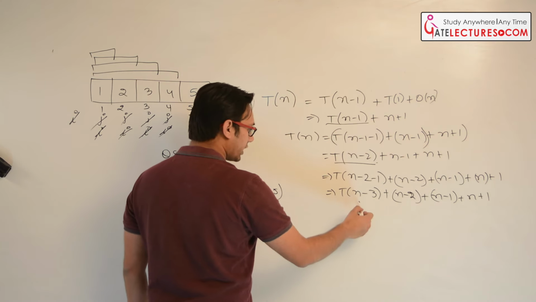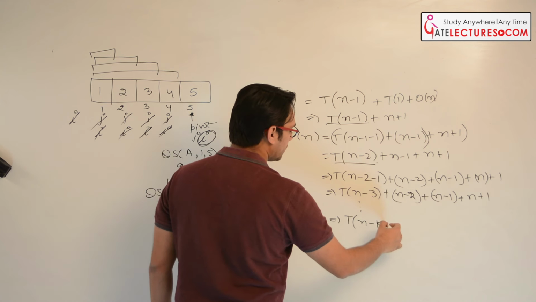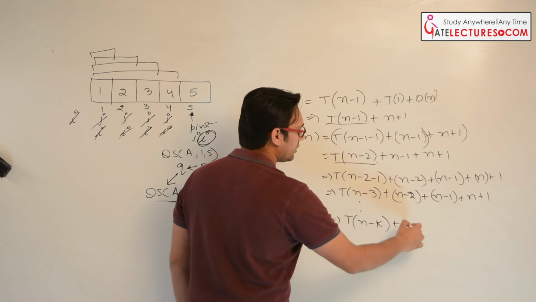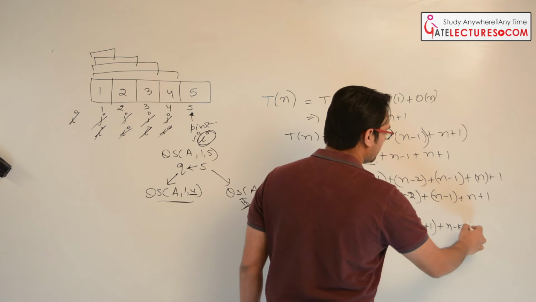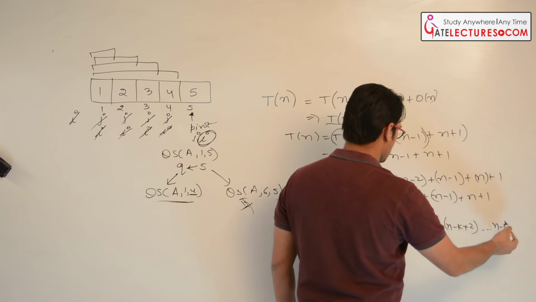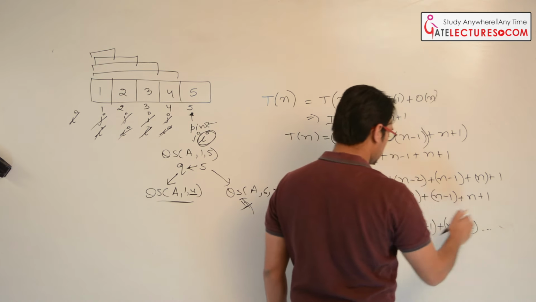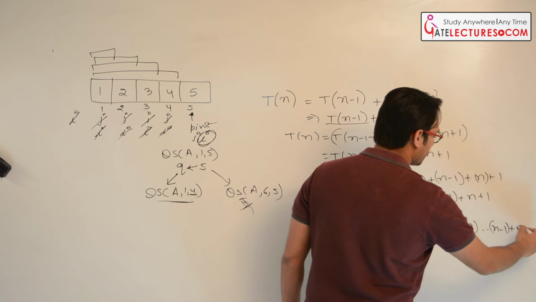Fine. If you extend it till k, you can find it as T(n minus k) plus n minus k plus 1 plus n minus k plus 2, and so on, up to n minus 1 plus n plus 1.